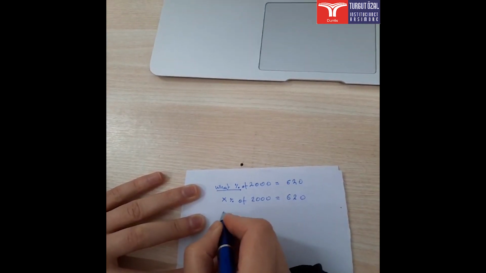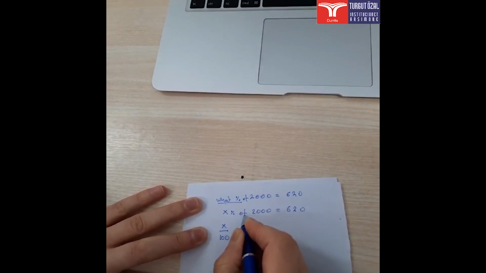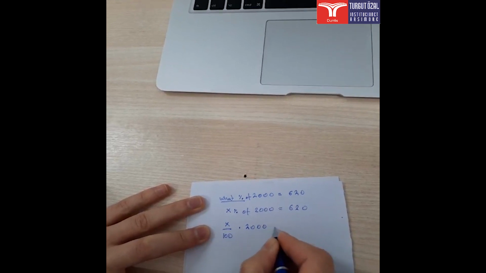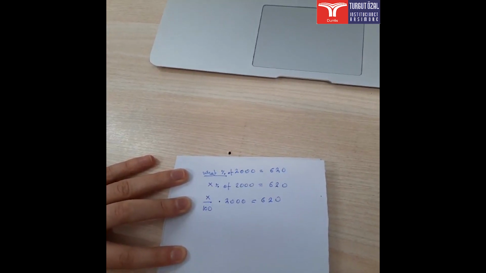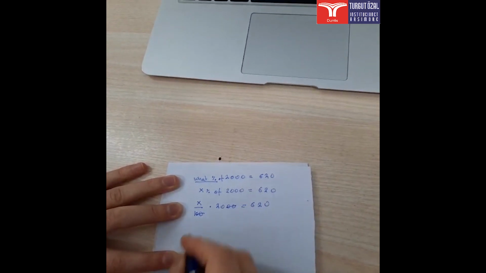x percent means x over 100, and of is the same as multiplication, times 2000, is equal to 620. If we perform the operations, we can simplify these two zeros.